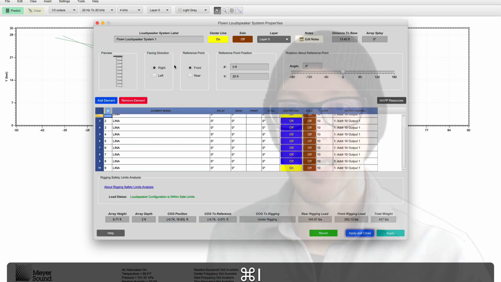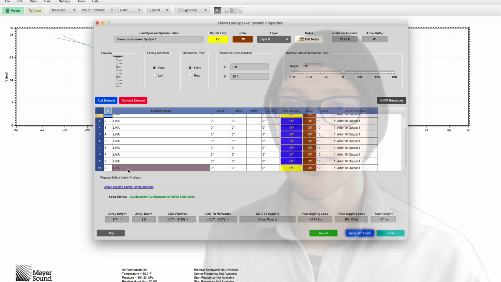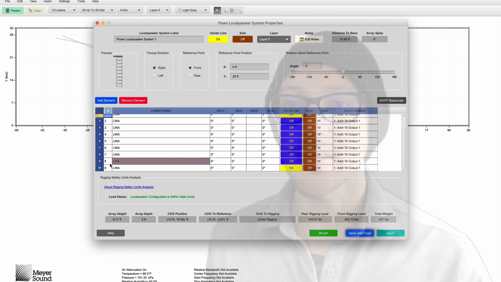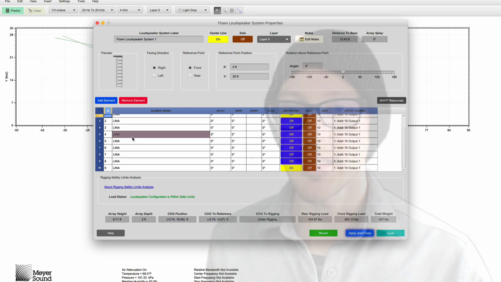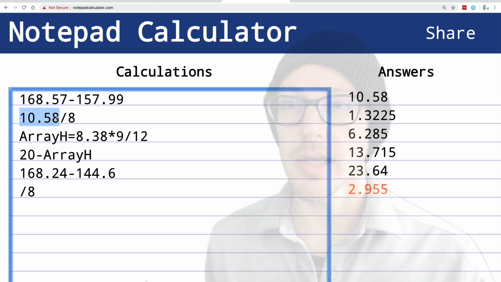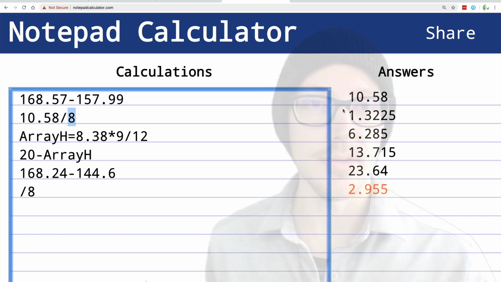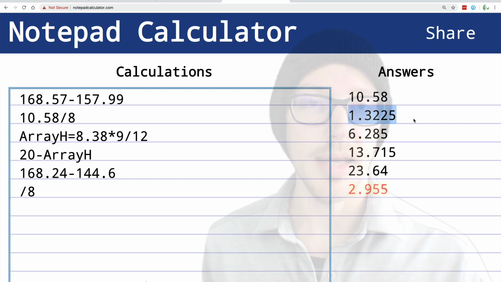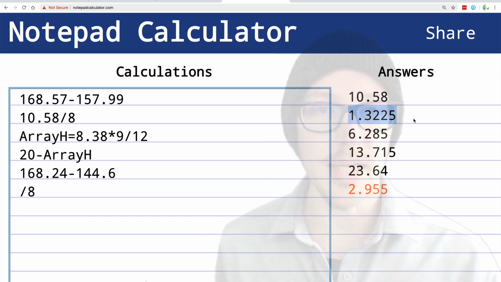Well, I know that there are 9 elements here, 9 Lena boxes. 9 minus 1 is 8, so there's 8 splay angles in between these boxes. So target coverage angle divided by number of available splay angles gives us our average splay of 1.3.